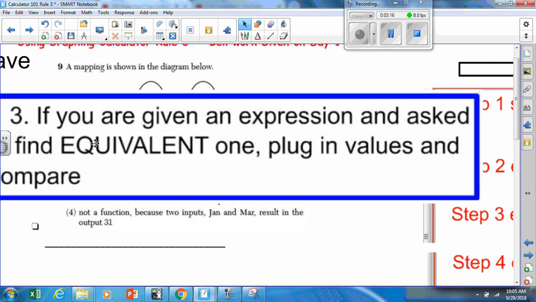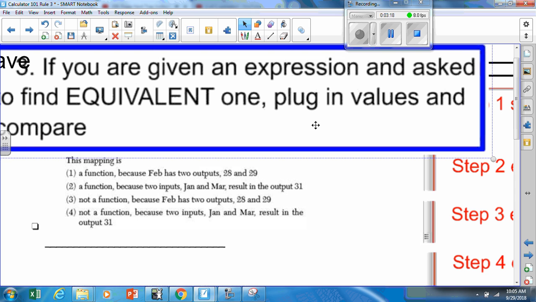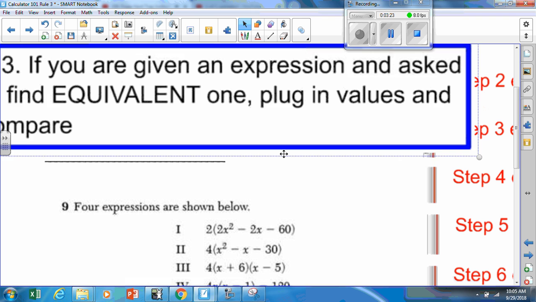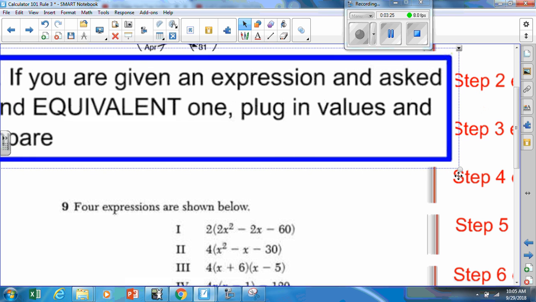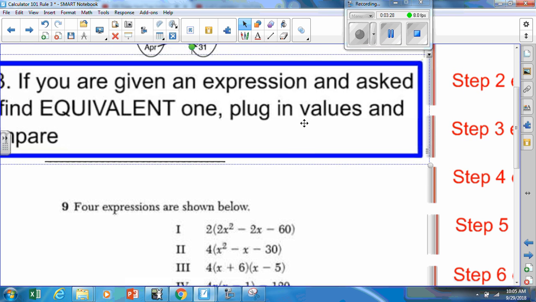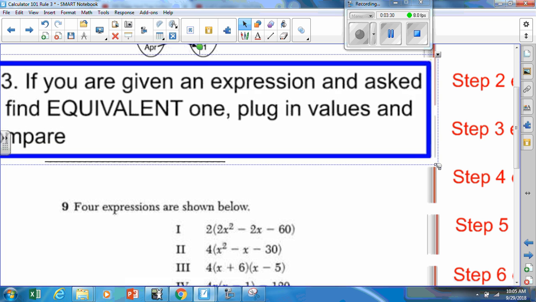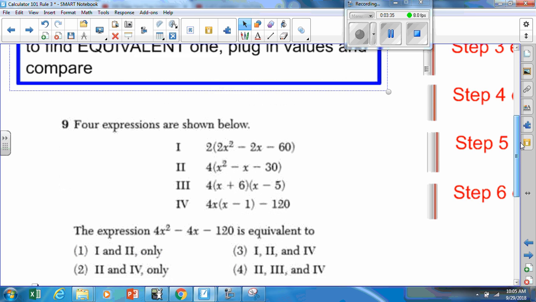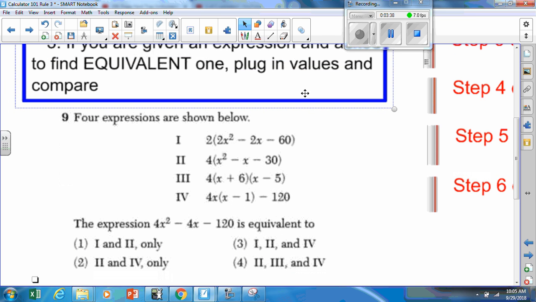Okay. So we're told the following. We're told that four expressions are below. All right. And the expressions look as follows. This is 1, this is 2, 3, and 4. And we're being asked to compare against this expression here, 4x squared minus 4x minus 120. Okay? And like in my previous video, step 1 and step 2 are the most important thing we do.